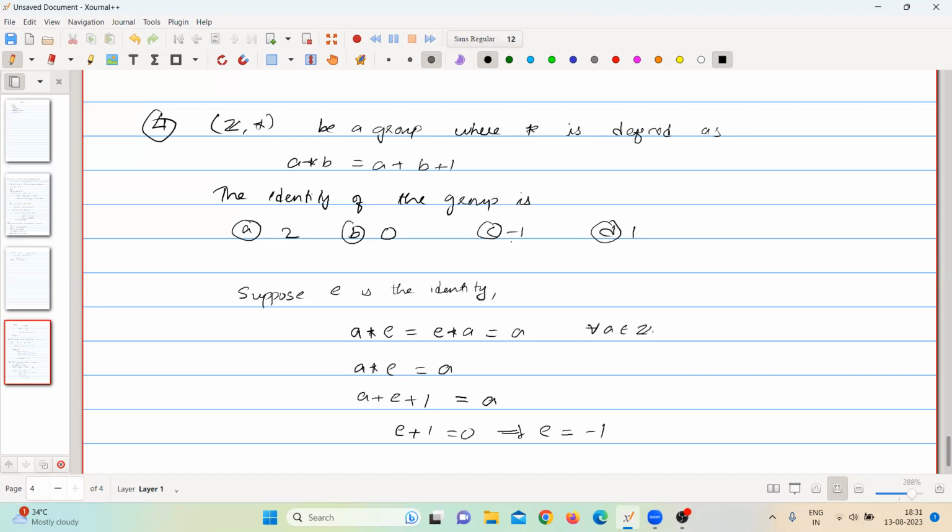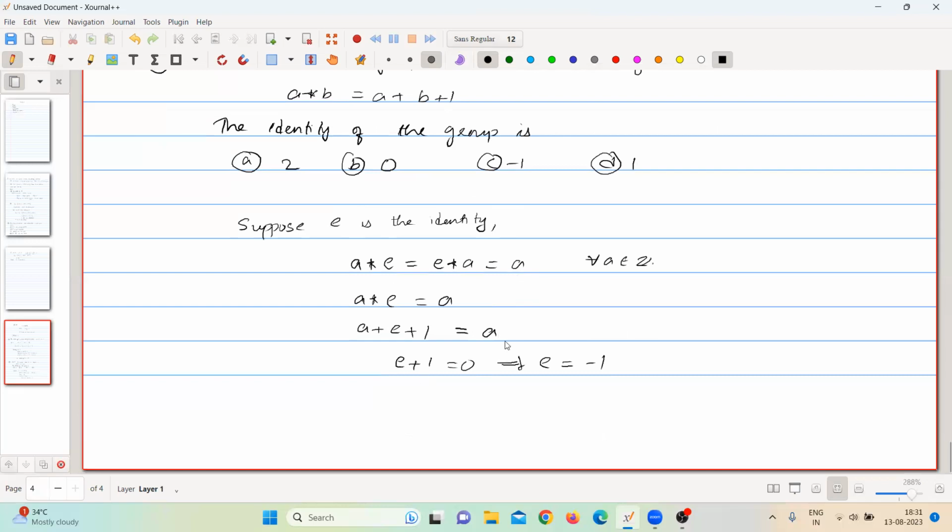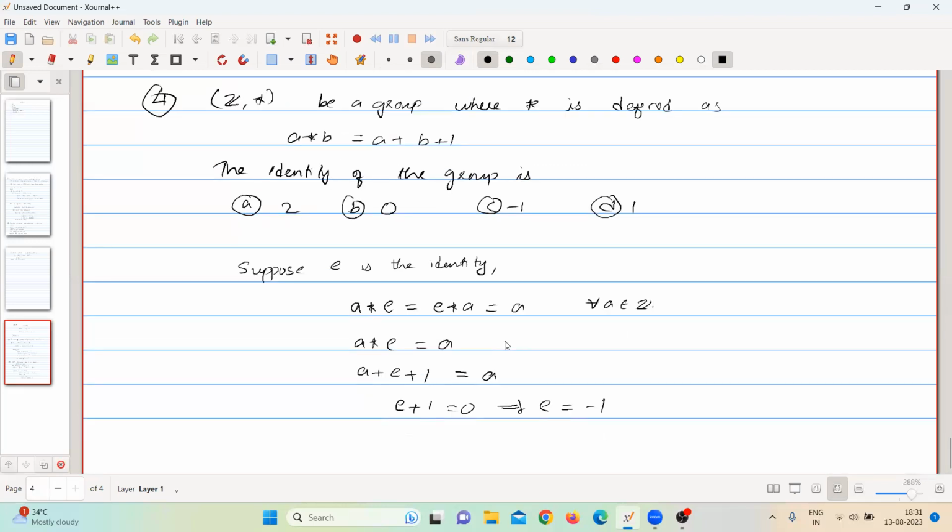That is, if we take E equal to minus 1 as the identity element, then A star E equal to E star A equal to A for every element in the set. Is that clear? Whenever you are given a set, you should not take for granted that the operation is addition or multiplication. You should check how the operation is defined, and the identity will change accordingly.